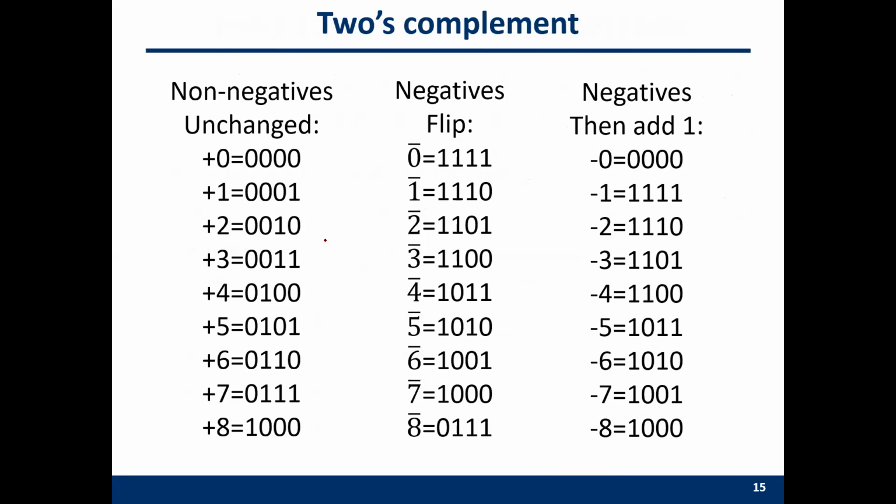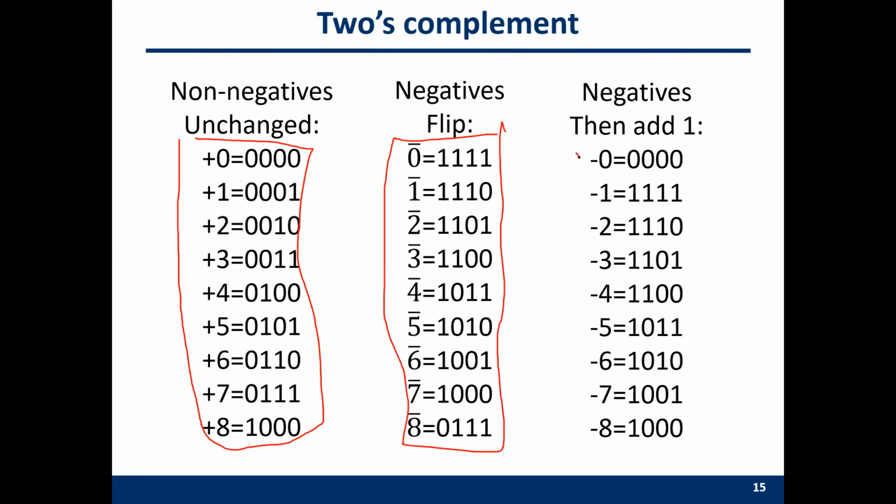So you can do the calculation yourself. If this number is a positive number, you don't need to do anything. But if this number is a negative number, you do the flip and the addition, like this.